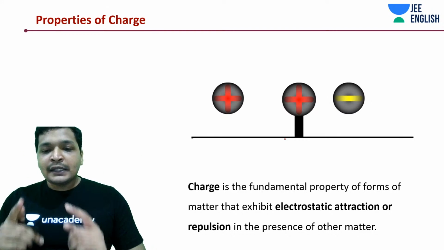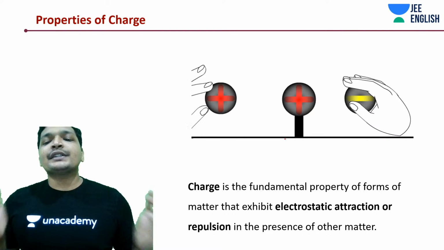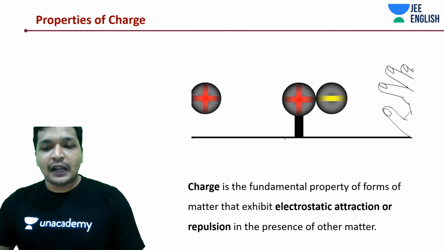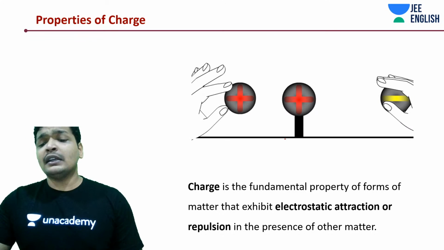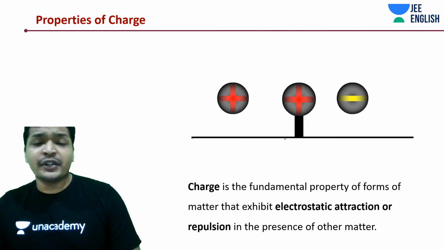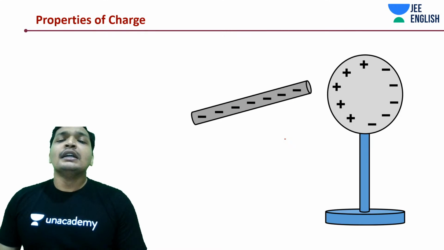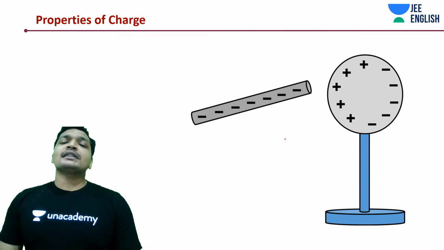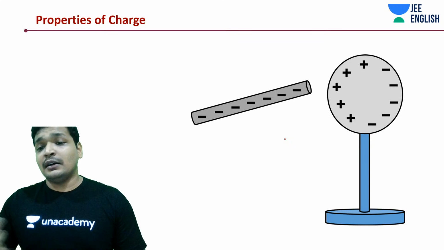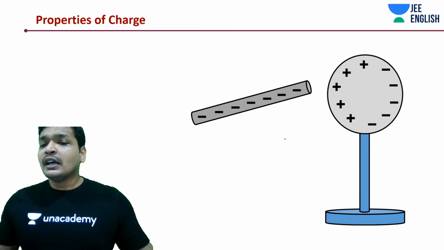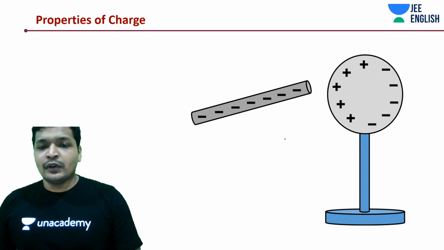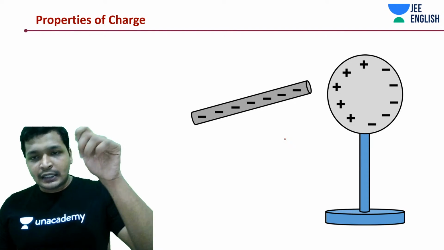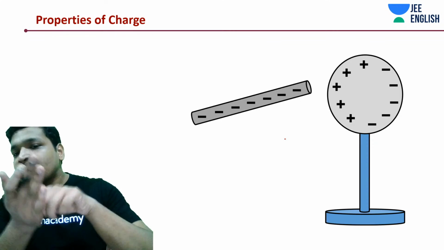And that being said, it should exhibit some sort of electrostatic attraction or repulsion in the presence of another matter. You may wonder, should the other matter be charged? Not necessarily. In cases of electrostatic induction, for example, let's say you rubbed a rod, and this is an electroscope, but anyway, if you rubbed a rod and tried to pick up pieces of paper, you would have seen that it causes electrostatic induction and picks up that paper.